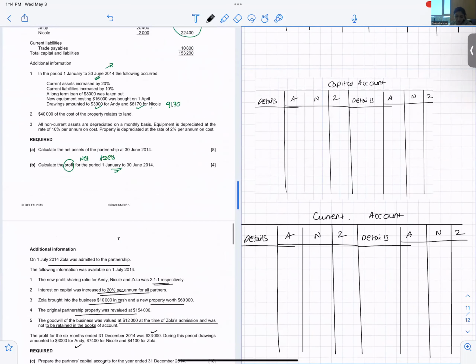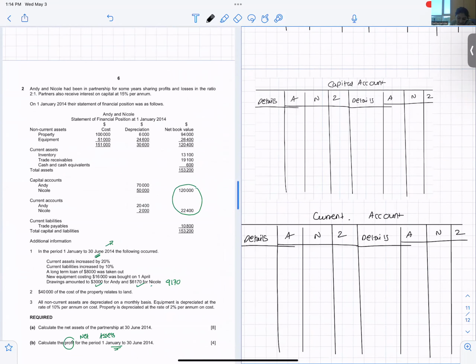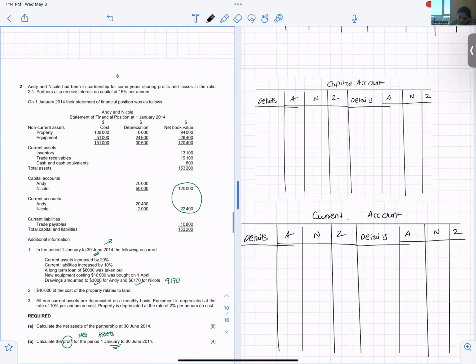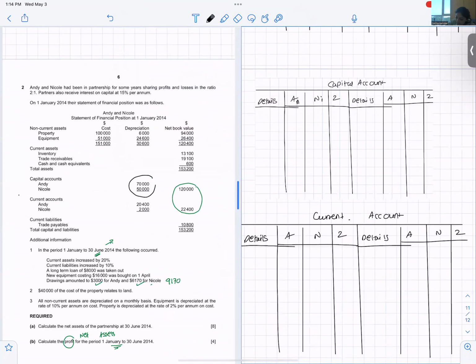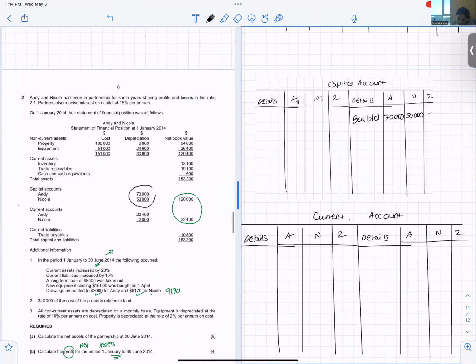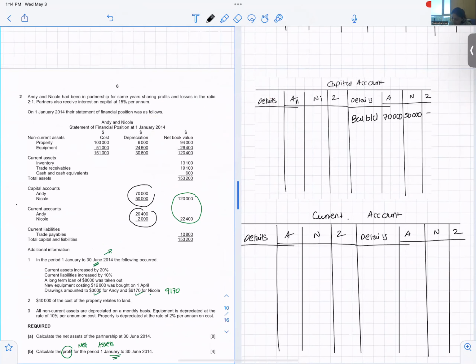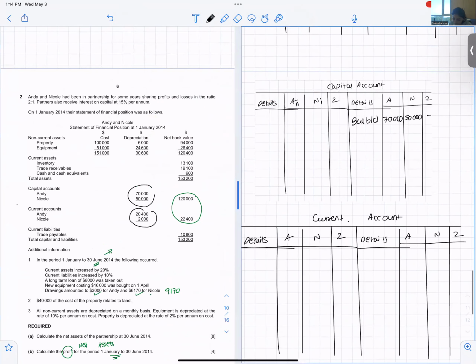The first thing we will do is go to the balance sheet and get the capital account balances, Andy and Nicole. For Andy and Nicole, the capital account balance brought down is 70,000 and 50,000. The current account balance is 20,400 and 2,000.